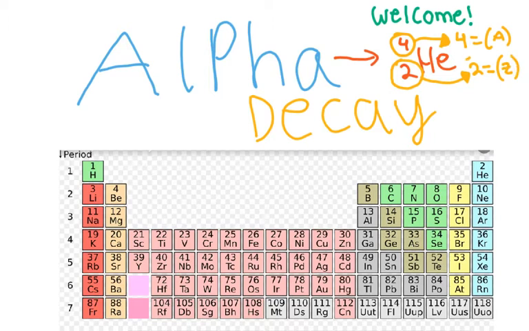The atomic number is also the number of protons an atom has, and the number of electrons only if that atom is neutral. If the atom doesn't have a formal charge, then the atomic number is also the number of electrons. In this case, helium-4 is neutral, so it also has 2 electrons.